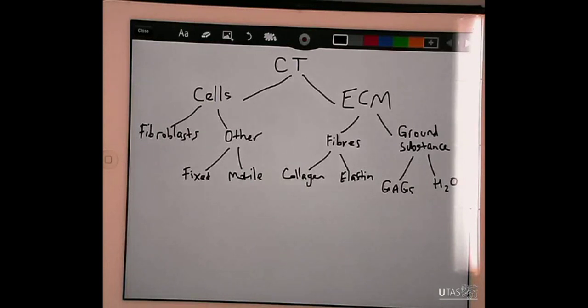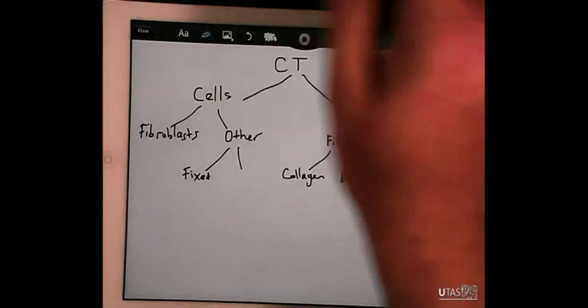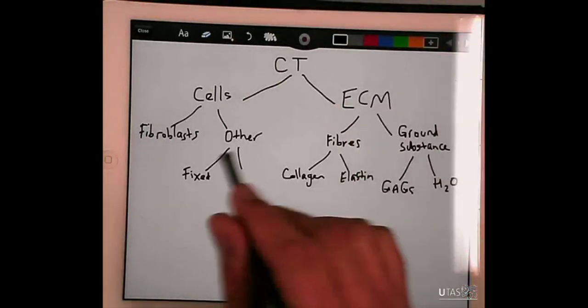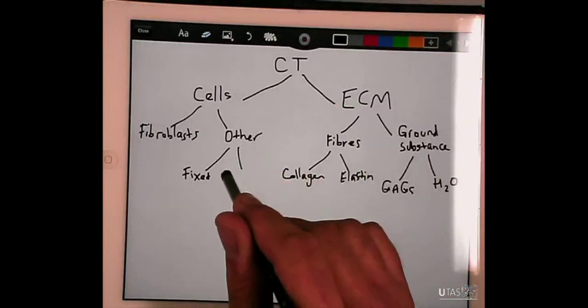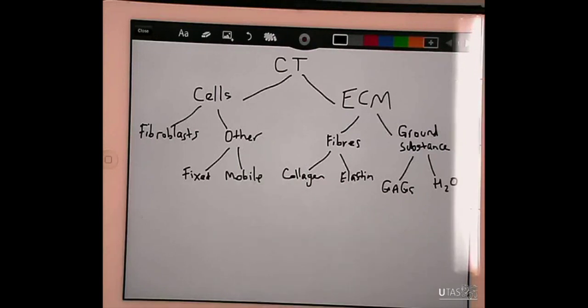Fixed cells and what we call mobile cells, or cells which are transient. They come in and they go out depending upon their need within that tissue.